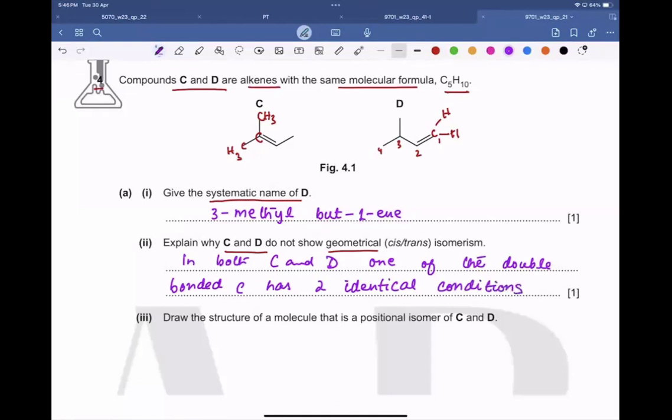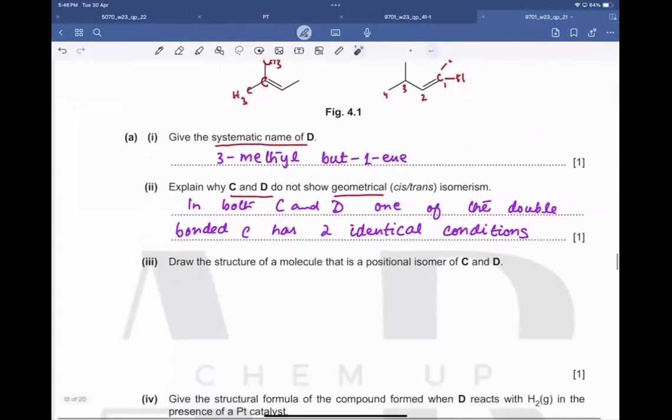So here this double bonded carbon has two same groups, so that's why D would not show cis and trans. And this double bonded carbon has two same groups on both sides, it's bonded to CH3, so again it is not going to show cis-trans. Is this understandable to all of you?